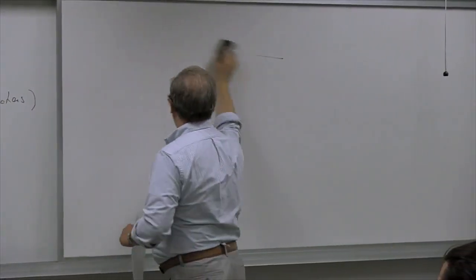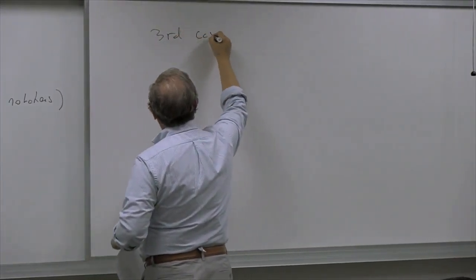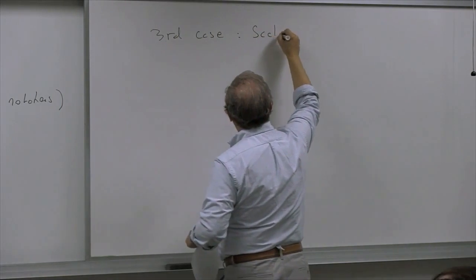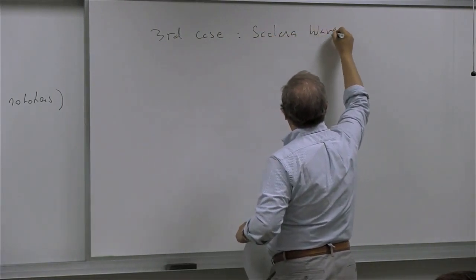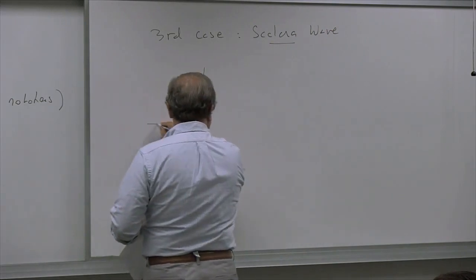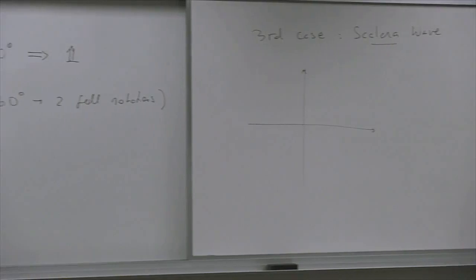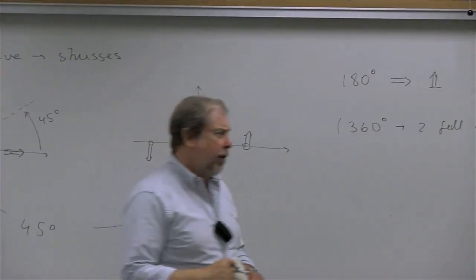Now, if you want, we can complete this picture by including the case that corresponds to a scalar wave. So third case, scalar wave. For the case of a scalar wave, you can draw a similar picture. A scalar wave would correspond, for example, to compressional waves or temperature waves.